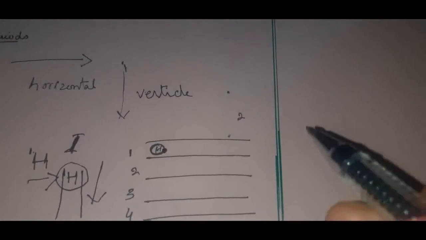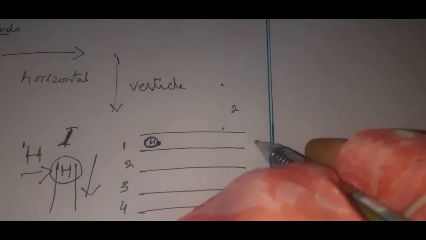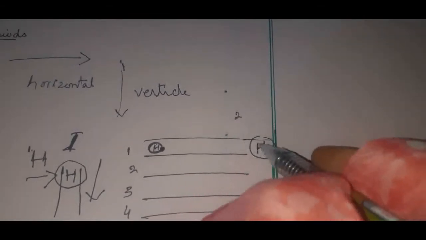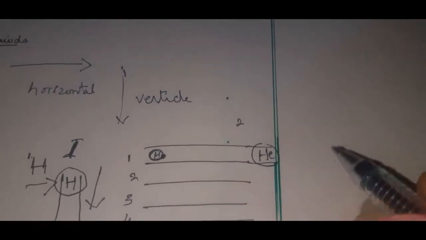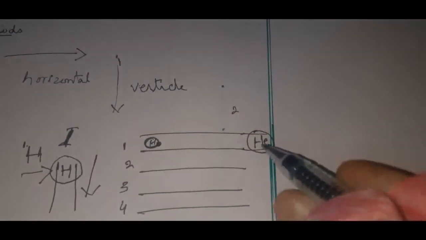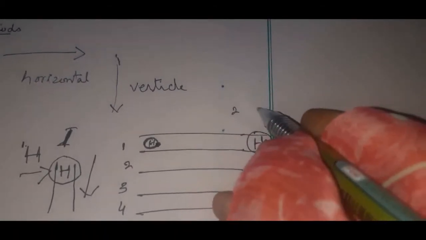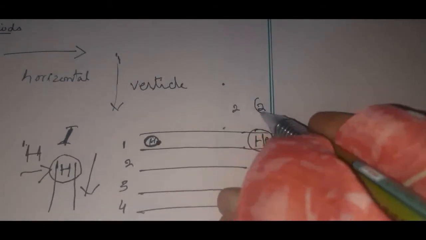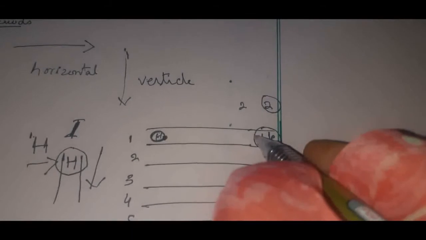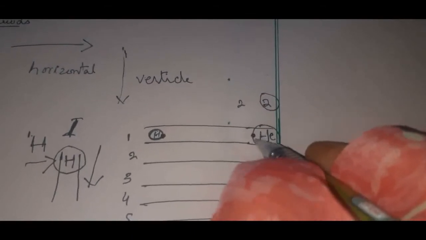Then the other element which is located in the last group of the periodic table, here at the end, is helium. Its symbol is He and its atomic number is 2. This means that it has 2 protons and 2 electrons. Right?